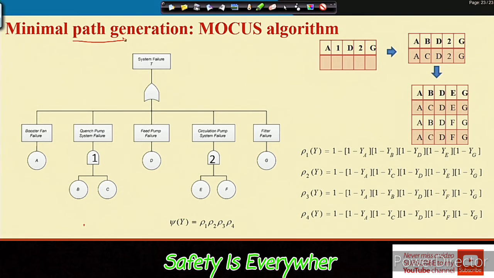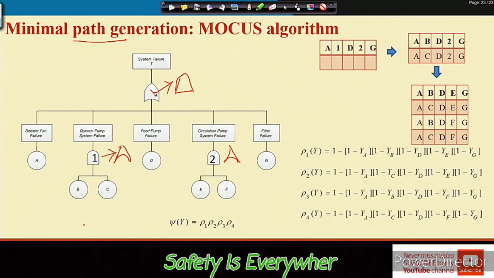First option is, you have to just convert OR gate into AND gate and AND gate into OR gate, and then you just take the same way that you have done in minimal cut representation, means you have to find out the minimal cut of this converted fault tree.